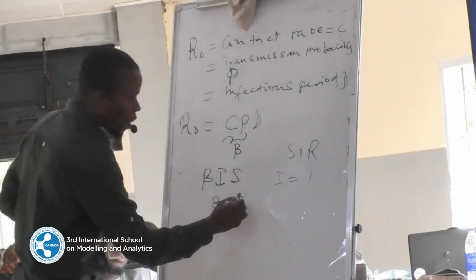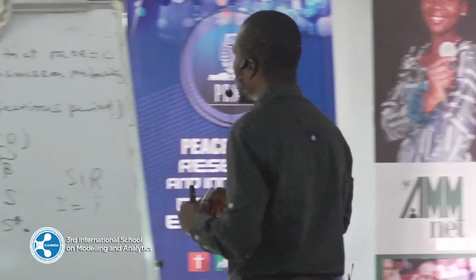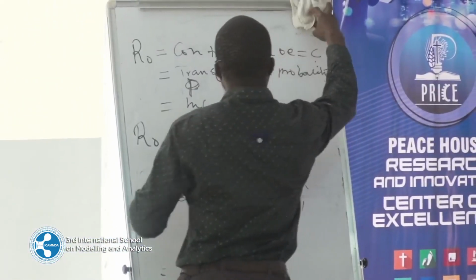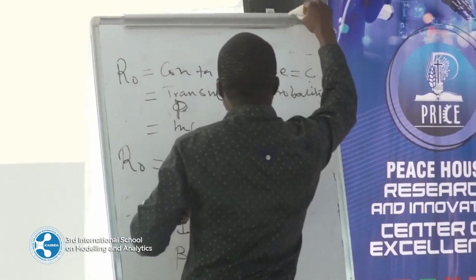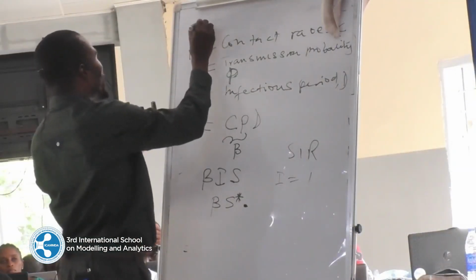So what is the duration of an infectious person in the SEIR model? Can we remember the time it takes a person that eventually becomes infectious to leave the I class?